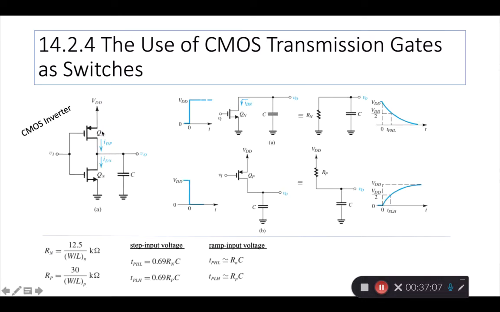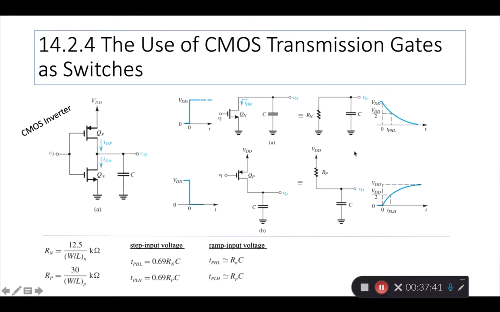Now, some more formulas related to this same TPHL, TPLH. For a regular inverter, this is how we model it. When this is going high for a switch, you can replace it with an Rn for the NMOS and an Rp for the PMOS when it's going low, right? So this was for the inverter stage.